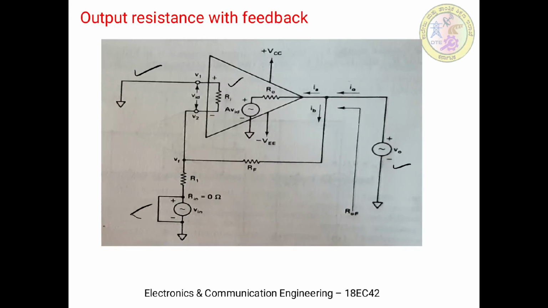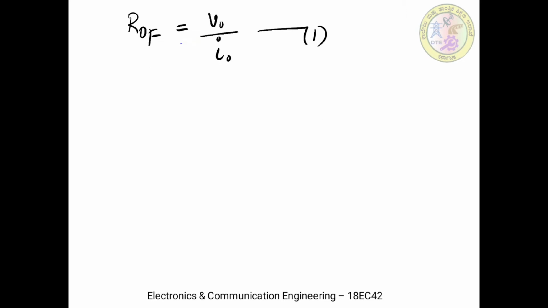Here, as IA is almost equal to I0, by applying KVL to the output loop we can write V0 minus R0 into I0 minus A into VID is equal to 0.